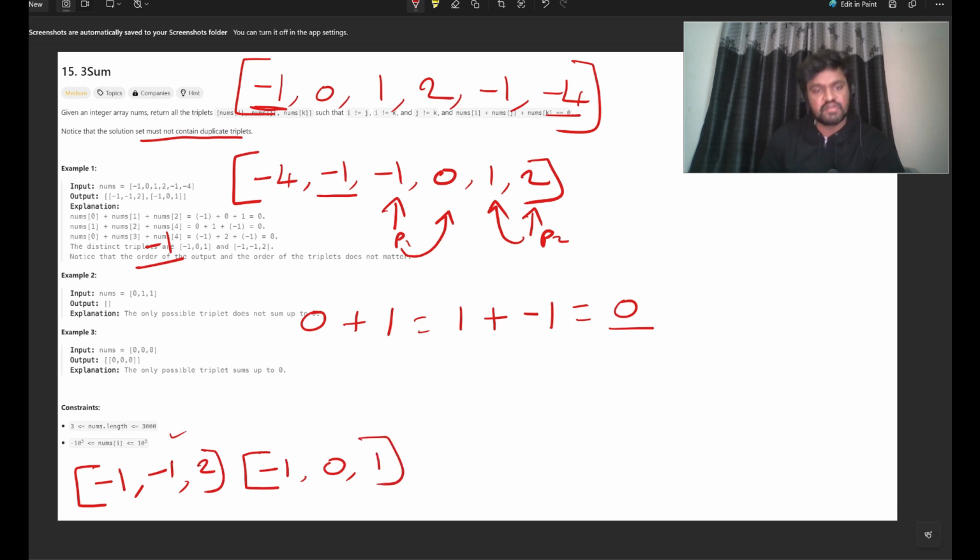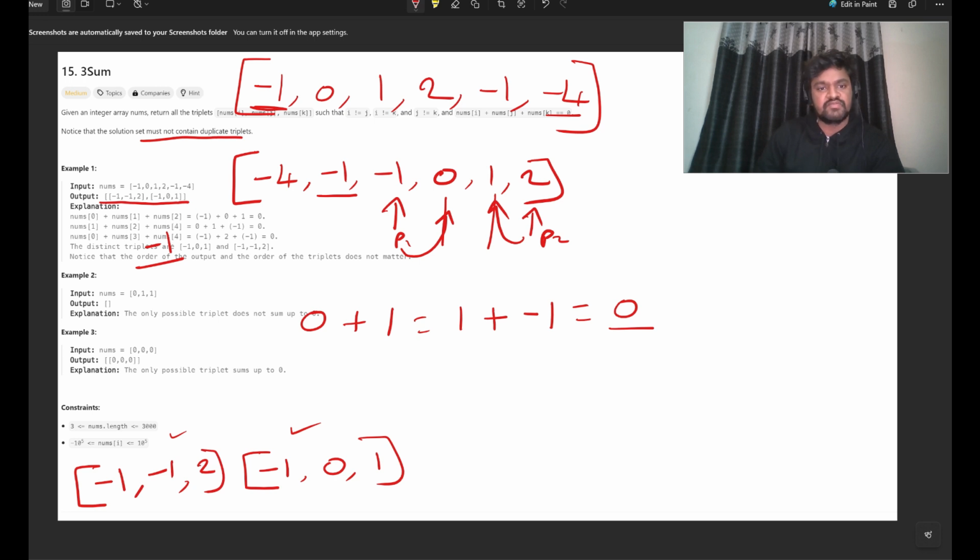So these are the unique values, correct? We got the unique values as per our expected output. So we did it. When we reach here, p1 and p2 are already in place, we cannot move anywhere, right? p1 should go forward only, p2 should come backward only, so it already reached its position. We cannot move anywhere else, so it's over.